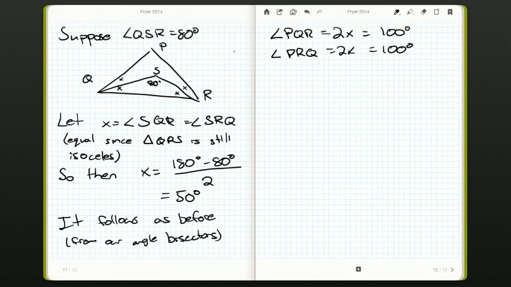And there we probably have our problem. We have two obtuse angles in our triangle. You can't have two obtuse angles.